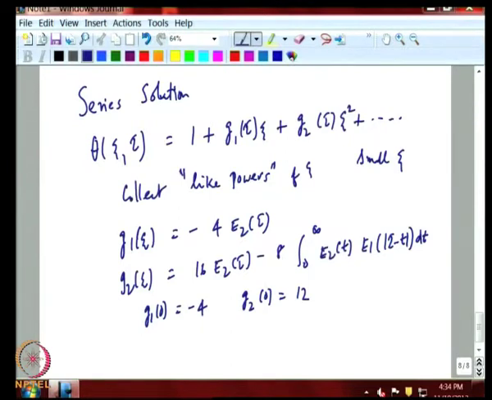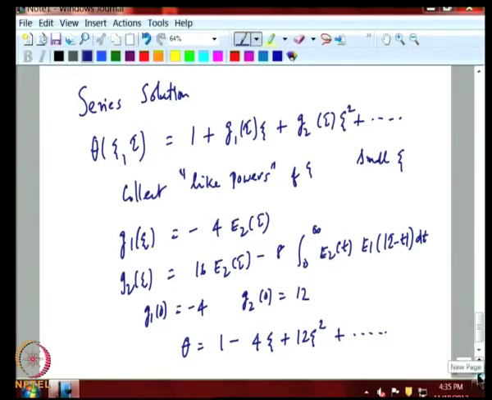Okay. With that, you get the final solution for theta as 1 minus 4 psi plus 12 psi squared, and other order terms if you have the patience to calculate more higher order terms.